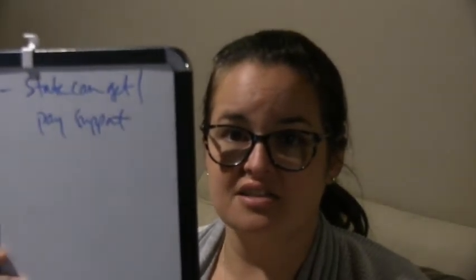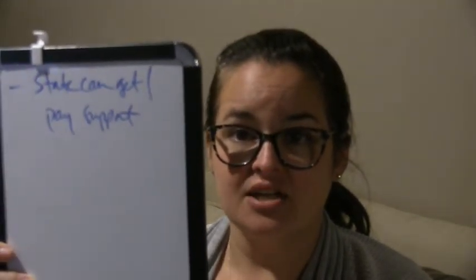For children, not for spouses, the state can get and pay child support. Here's how that works. Let's say we have a woman in poverty who has a child, and there's no child support order because at the time that the child was born, she either did not know or did not state who the father was, and is not getting support. And so she goes to sign up for public assistance benefits, whether it's Section 8 or any sort of other benefits for that child.